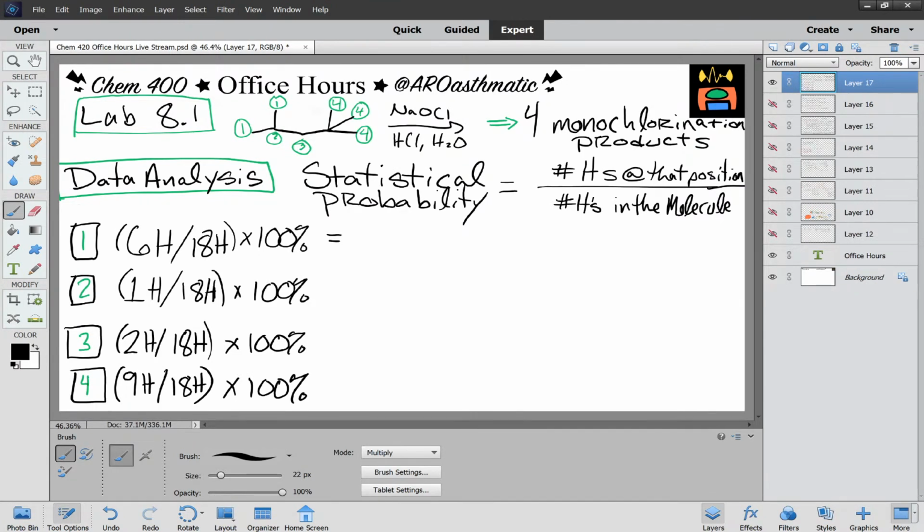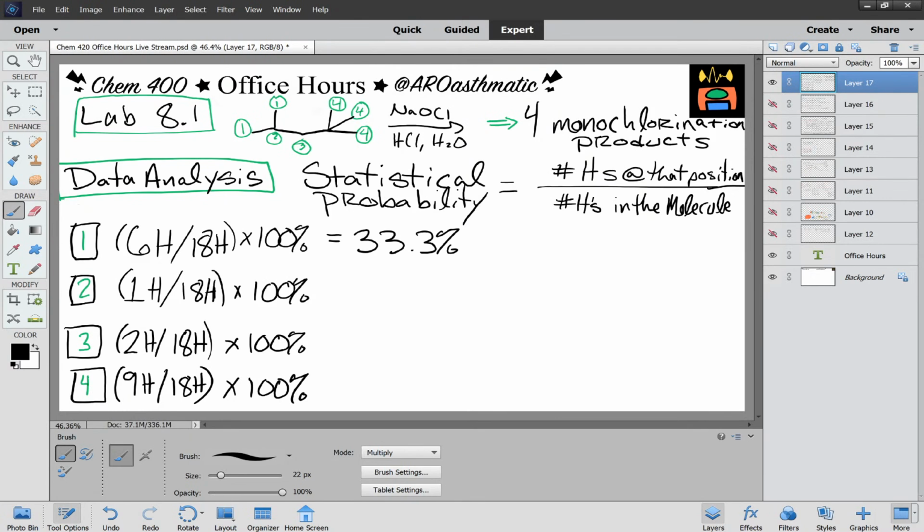All right. So the statistical probability of chlorination happening on the first site is there's 6 hydrogens on the first site out of the 18 that are in the molecule.